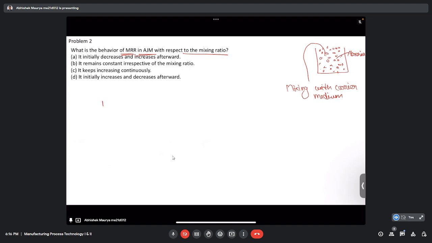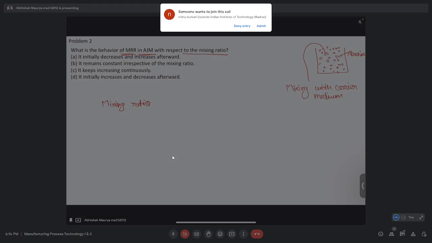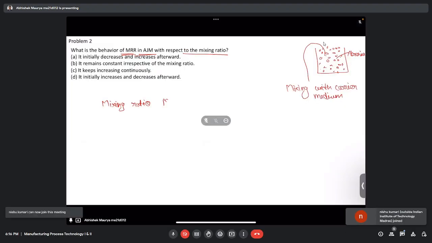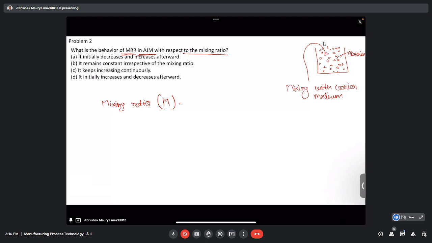Mixing ratio, or M, is nothing but the volume flow rate of abrasive particles divided by the volume flow rate of carrier gas.